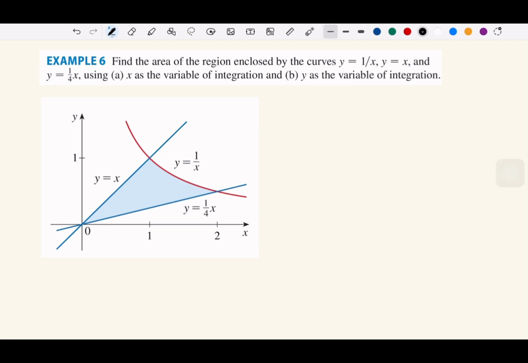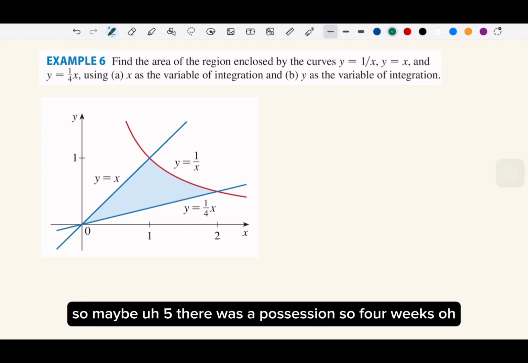Which one is Thursday? 22 or 21? So maybe 5. So 14.